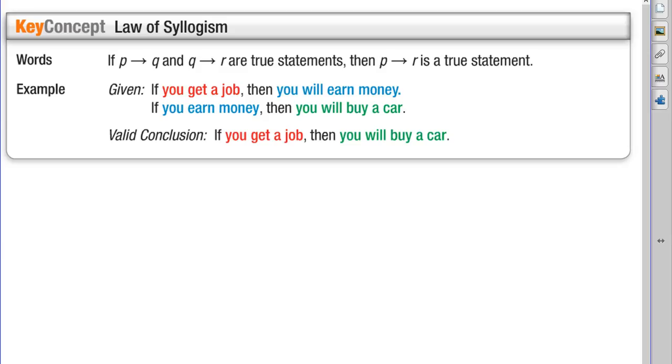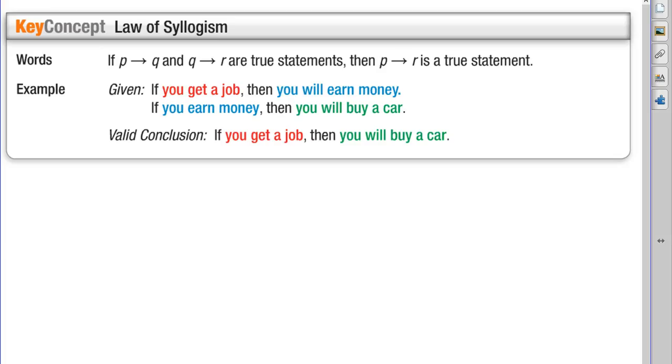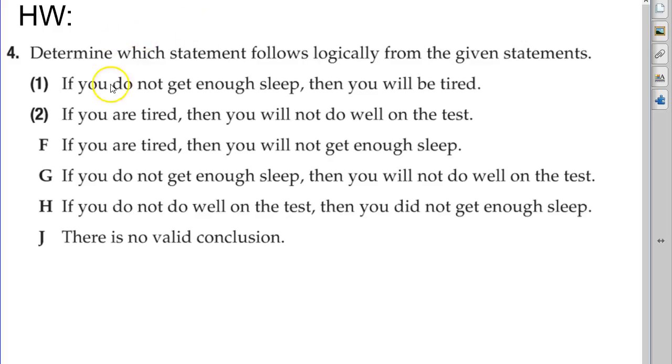We can skip that. Now, law of syllogism. We do these in class. Law of syllogism. Again, if P implies Q and Q implies R, we can just cut out Q and jump right to R. Okay. So the example you had in class was if you do not get enough sleep, here's our P, which we'll do in blue, then you'll be tired.